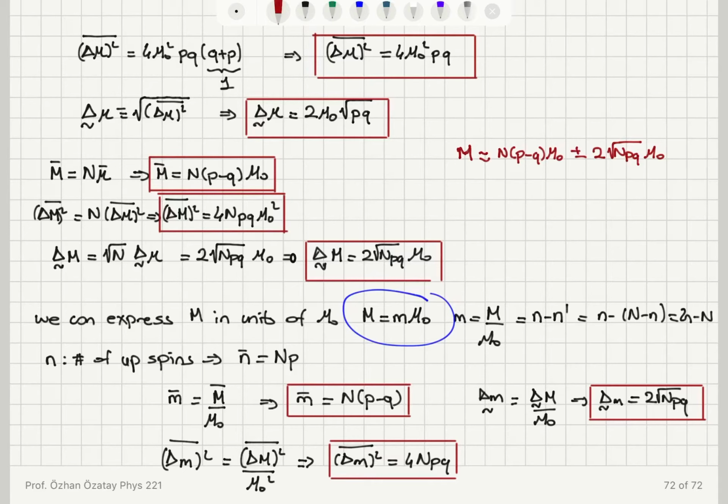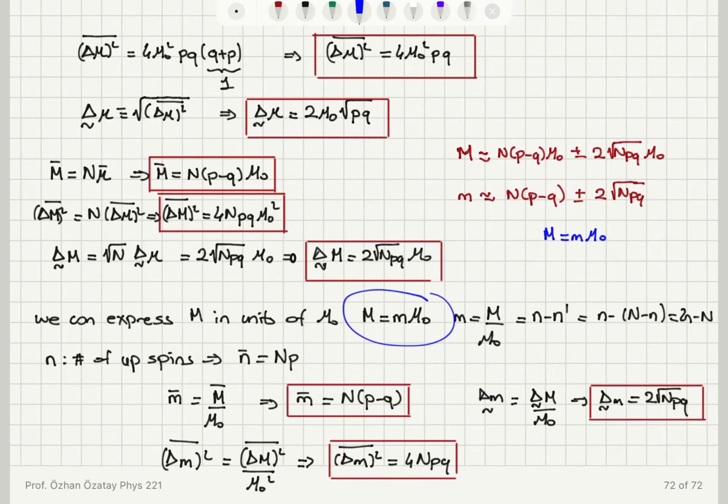Or I can find that the total moment number m is in the range, most values are in the range N times p minus q plus or minus 2 square root Npq. And this is quite clear why that's the case, because M is small m times mu 0.